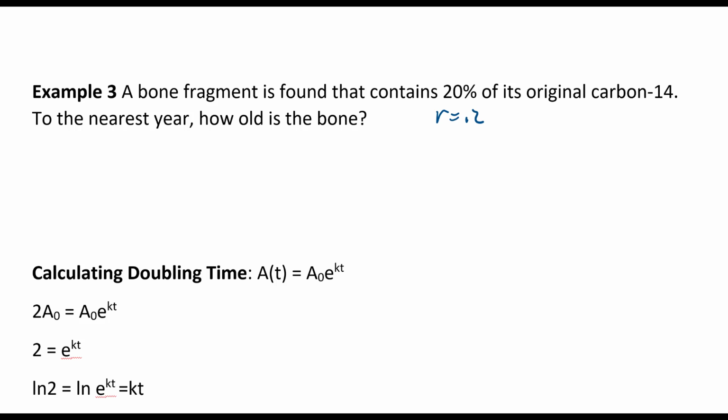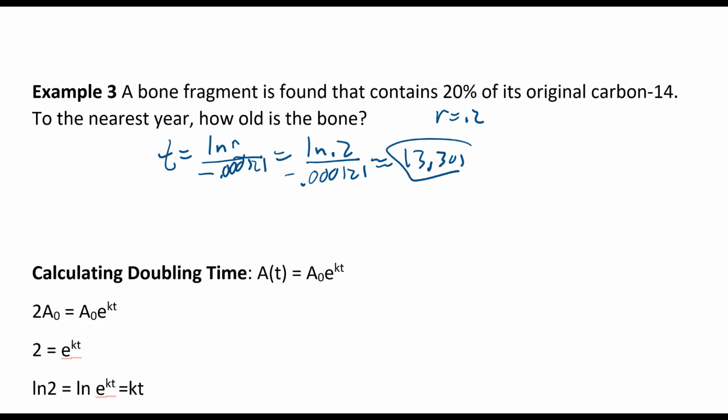So we're doing time equals the natural log of R over negative 0.000121, which is natural log of 0.2 over negative 0.000121. And from that we get 13,301 years old. Okay.